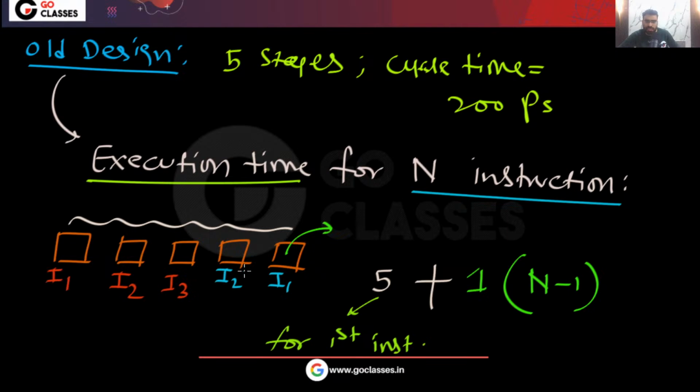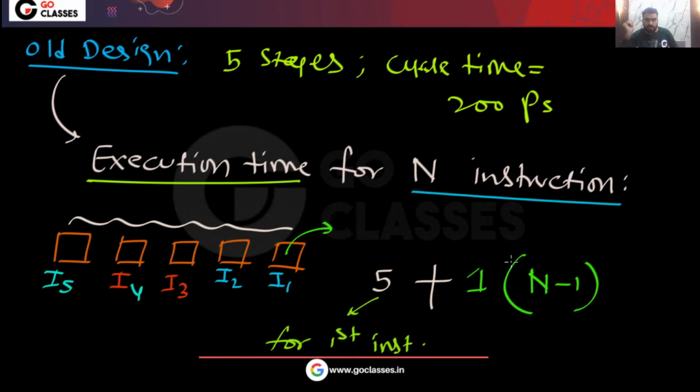So the first instruction takes a total of 5 clock cycles, and after that, one instruction completes in every cycle.